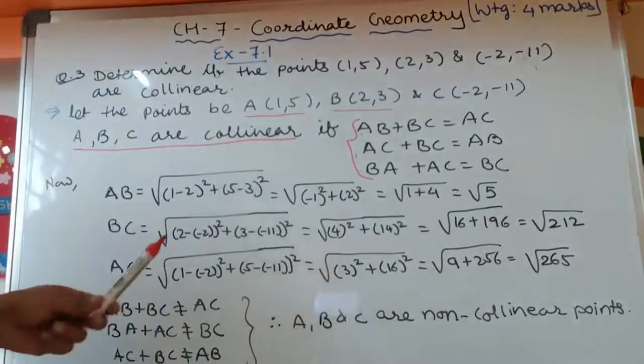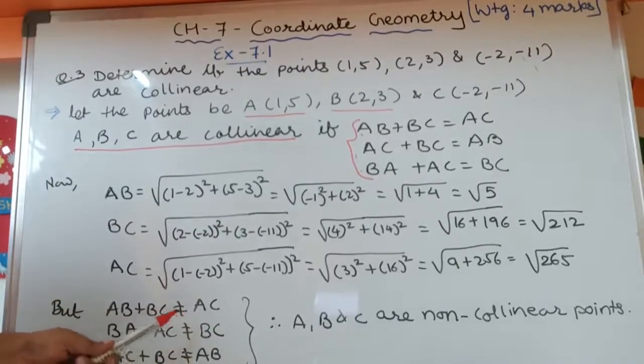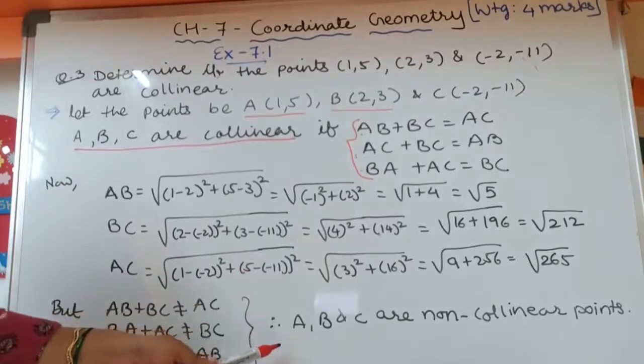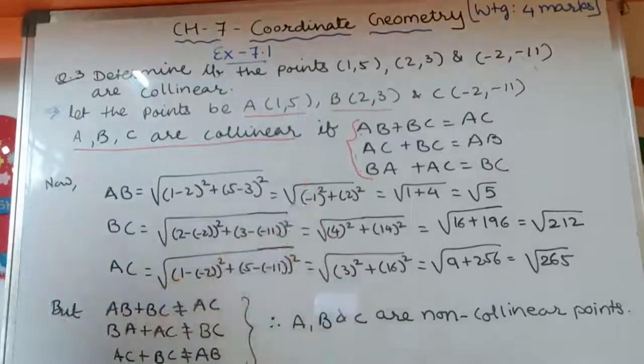So finally I come to the conclusion that AB plus BC is not equal to AC, AB plus AC is not equal to BC, and AC plus BC is not equal to AB. So finally our result is that A, B and C are non-collinear points.